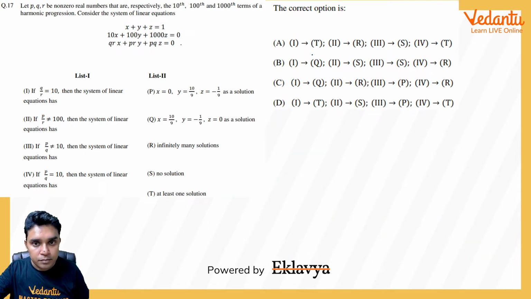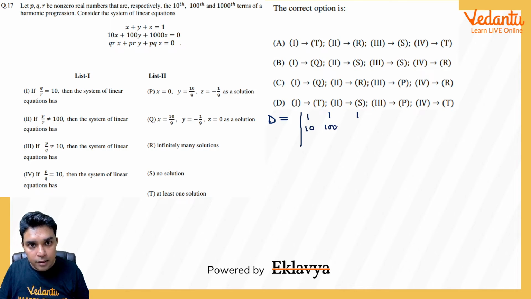Please see. If I use Cramer's rule, I just have to solve for D first, in which I will get 1 1 1, 10 100 1000, and QR, which I can write as 1 upon P, 1 upon Q, 1 upon R. I have taken PQR outside.